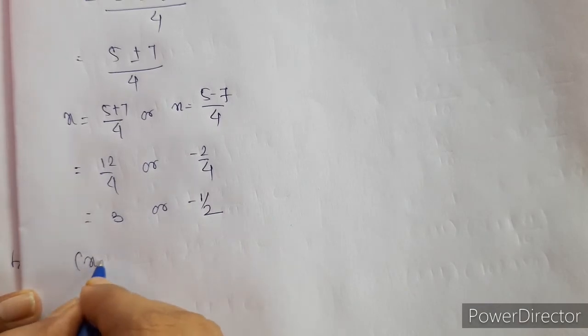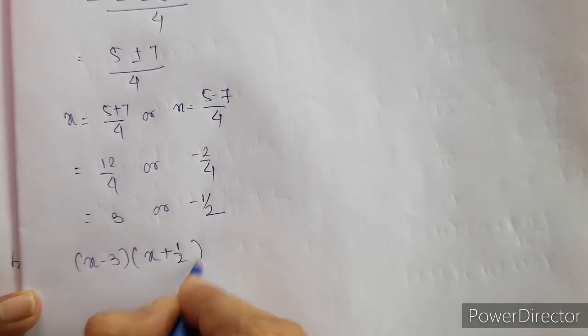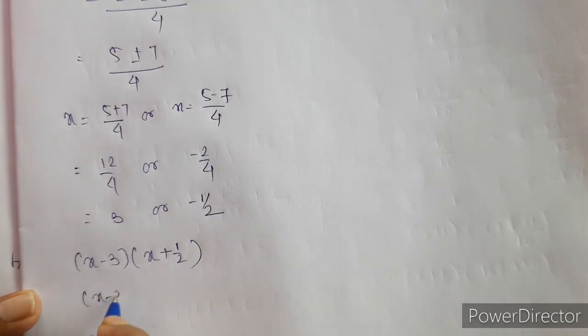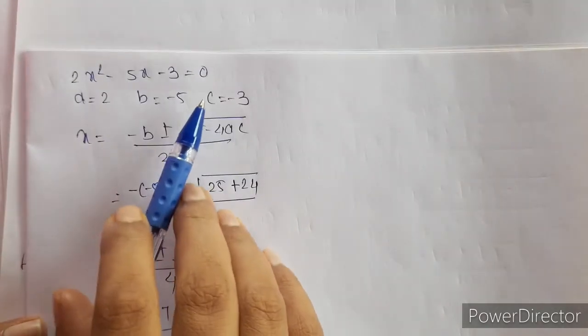So we can write our equation as x minus 3 into x plus 1 by 2, or x minus 3 into 2x plus 1 equals 0. So instead of this quadratic equation, now let us replace it by x minus 3 into 2x plus 1.